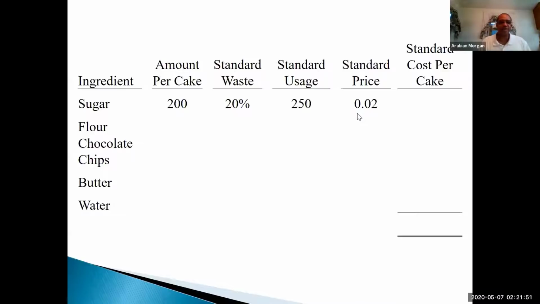Now, the standard cost per cake is going to be the standard usage multiplied by the standard price. So this last column is a dollar amount. The standard cost per cake is $5. So that's 250 ounces times $0.02 per ounce, which equals $5 in terms of how much it's going to cost you in sugar.